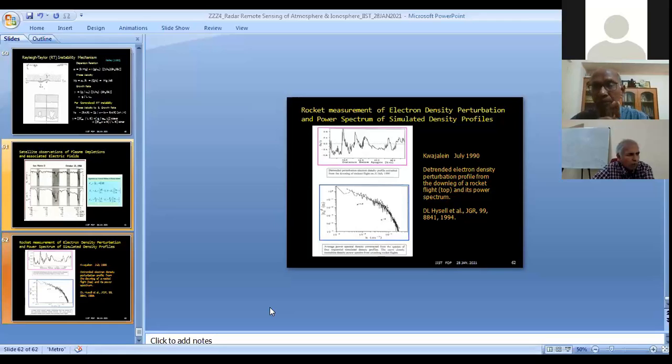Even a single disturbance pulse in atmospheric refractive index can be analyzed. Take a rectangular pulse, a single rectangular pulse. If you analyze it, you have so many frequency components.